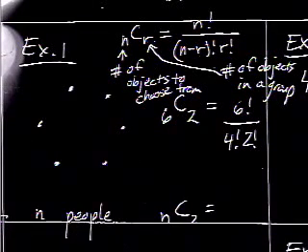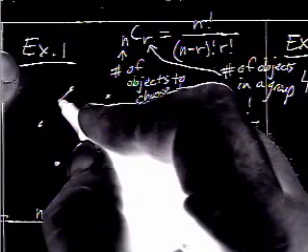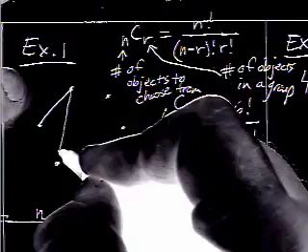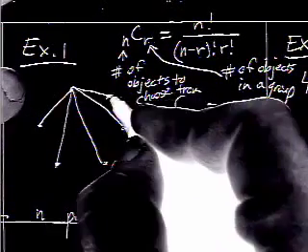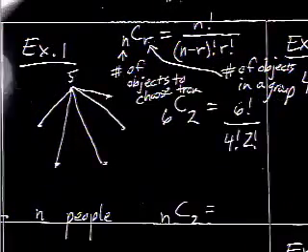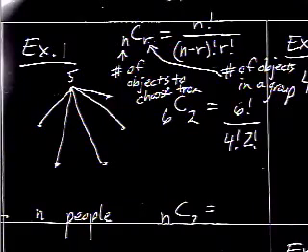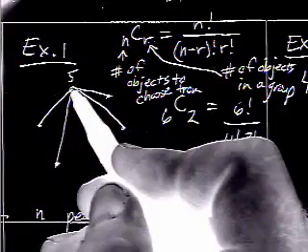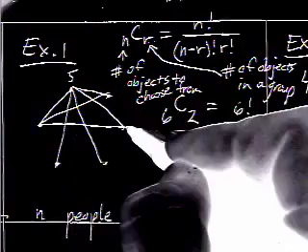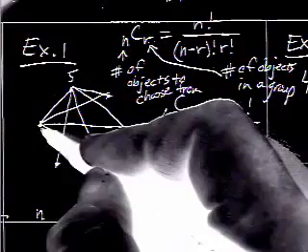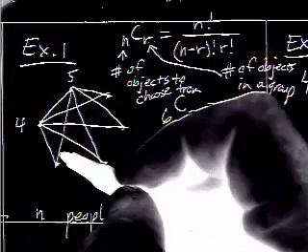Let's suppose there are 6 people in a room, and they all want to shake hands. How many different handshakes will occur? Well, this person can shake hands with 1, 2, 3, 4, 5 different people. This person over here already shook hands with the first person, so they shake hands with 1, 2, 3, 4 new people.